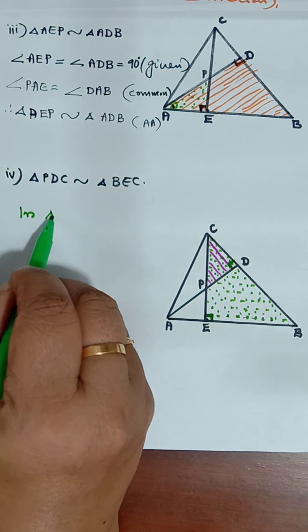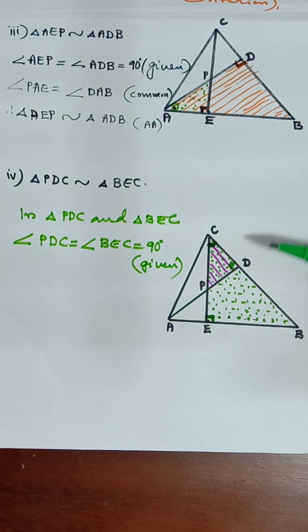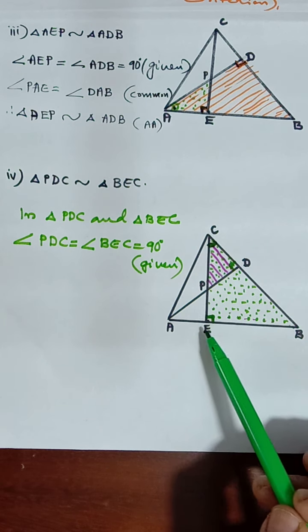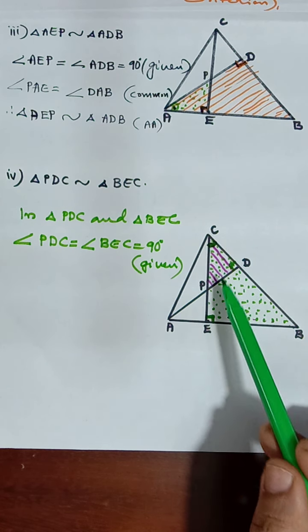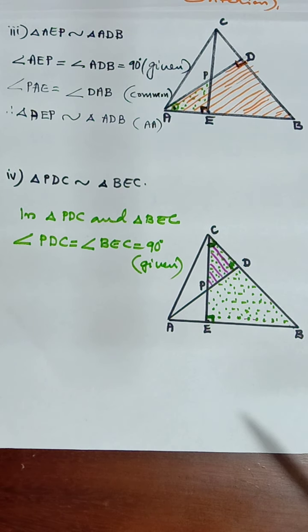Which is the second angle? We have to prove that it is common for both of them. Don't you see this angle C in both the cases? That is, PCD is an angle for the first smaller triangle as well as an angle for this triangle BEC also.